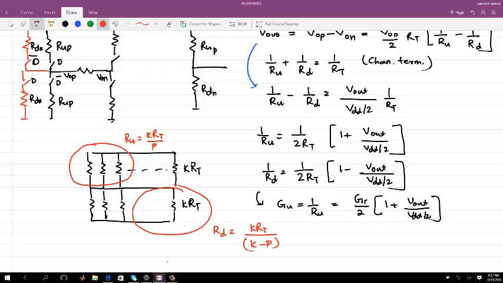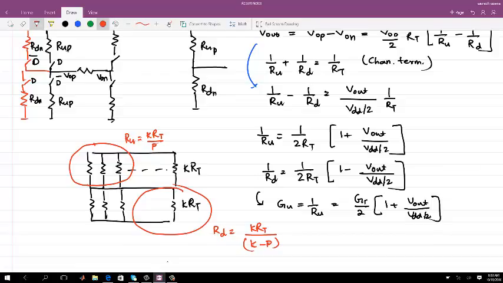So you see that 1 by RU is linearly related to V out. And when you look at GU, you see that this is linearly related to V out. If my V out scales linearly, my GU scales linearly. That is, if admittance is scaling linearly, your resistance is inversely proportional.